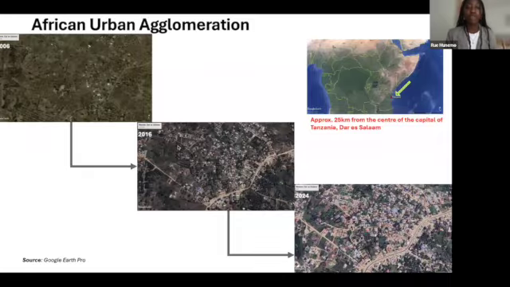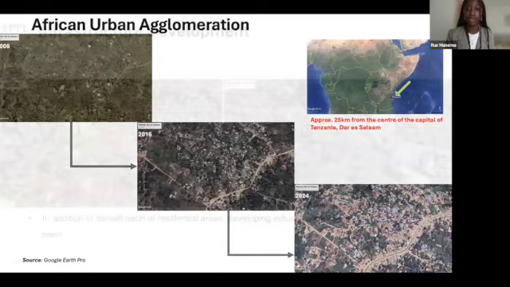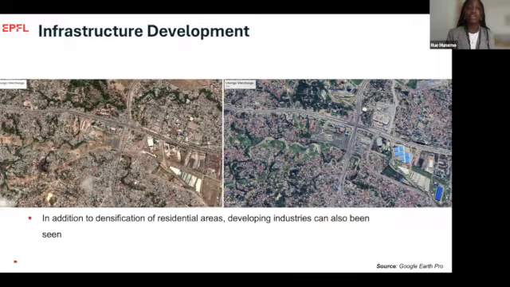So this is a really important part because all the cement that is being consumed is going into areas such as this. And this infrastructure development cannot be ignored because even in and around these densifying areas, you can see the development of industries around it. It is absolutely necessary to keep this in consideration rather than assuming that we cannot actually intervene and assist.